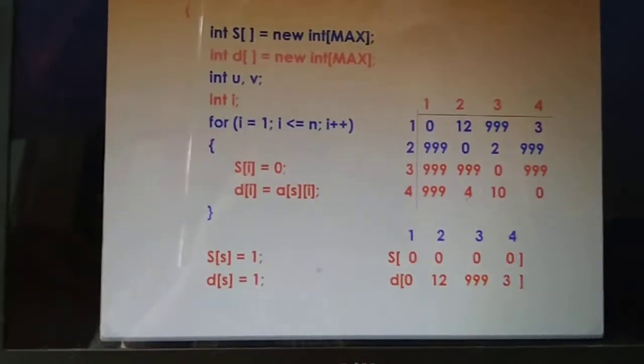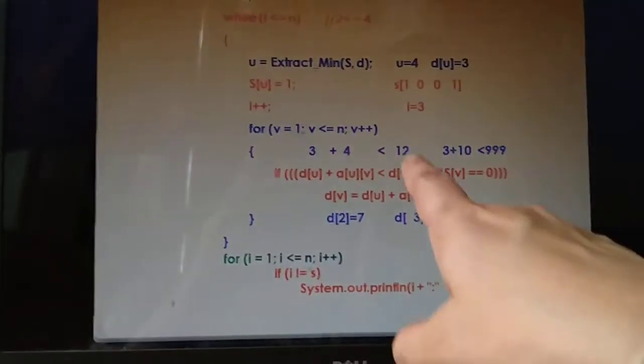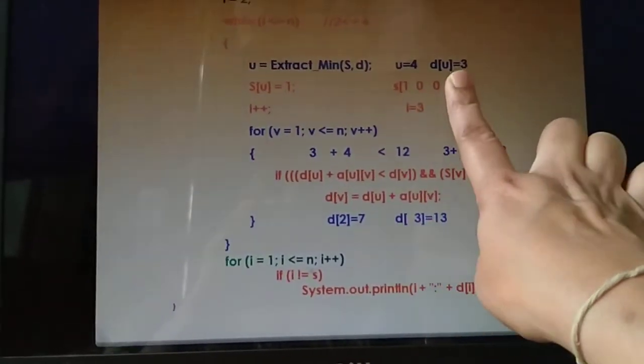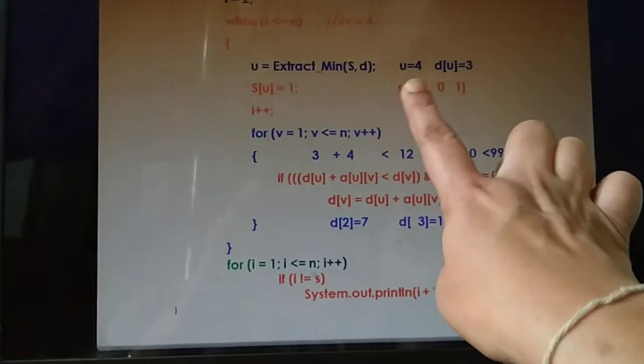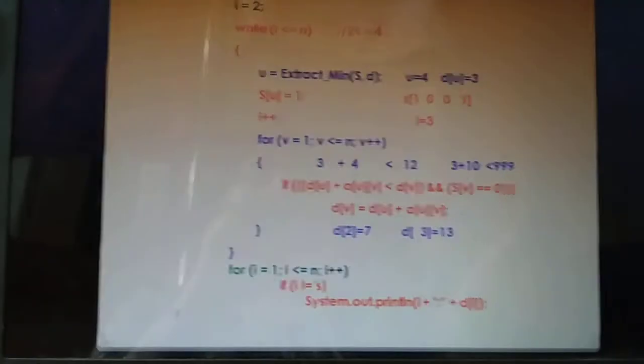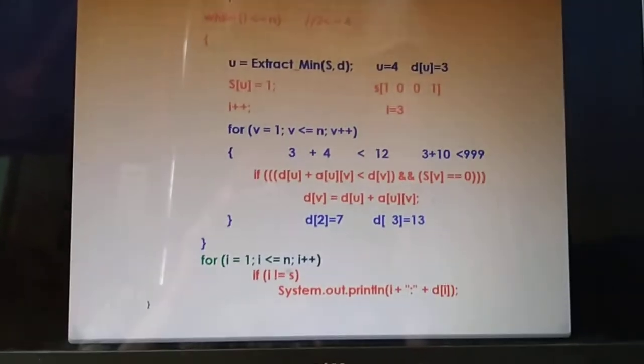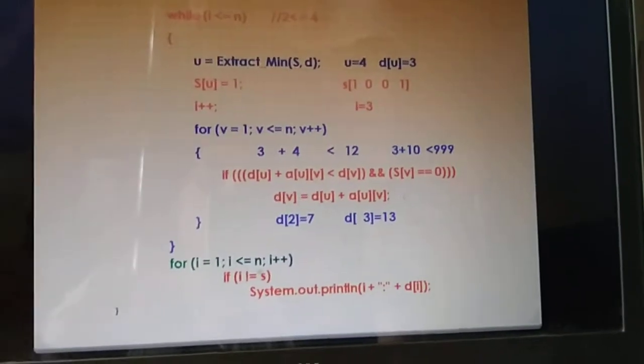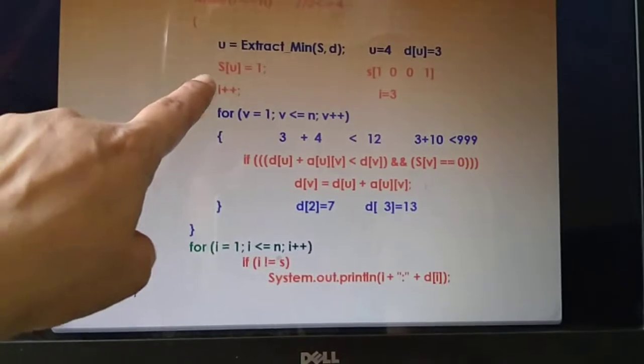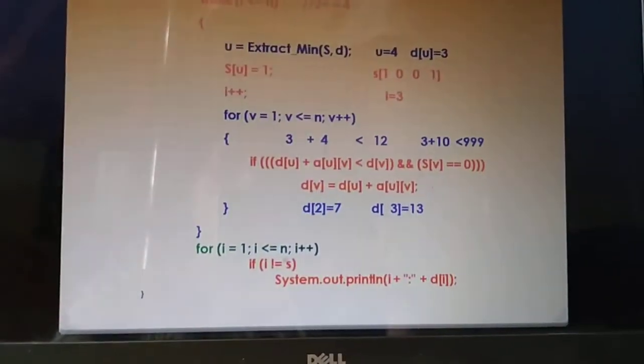This is the updated array which indicates which vertices are visited and which are unvisited. Then after that, I am calling this extract min function.